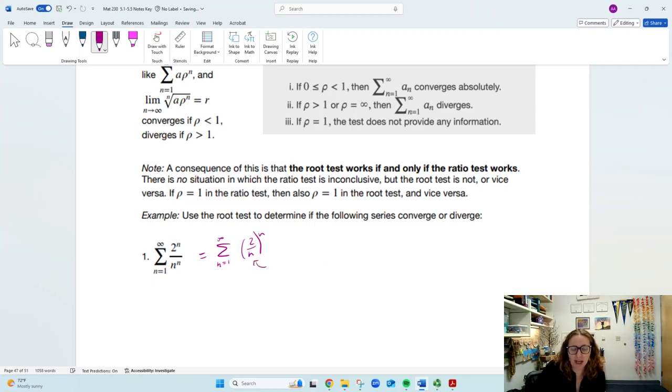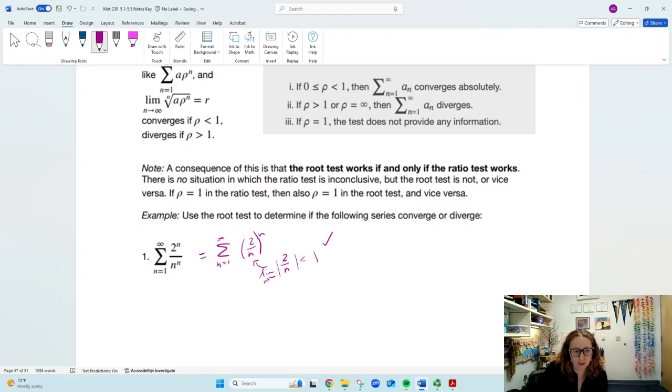If I'm thinking about this geometrically, as long as 2 over n, the ratios between all my terms, are less than 1, or another way of saying that is as I go further and further out, or I take my limit as n approaches infinity, then we are good. So I'm already assuming that this is going to be fine because my limit of 2 over n is just going to be 0.